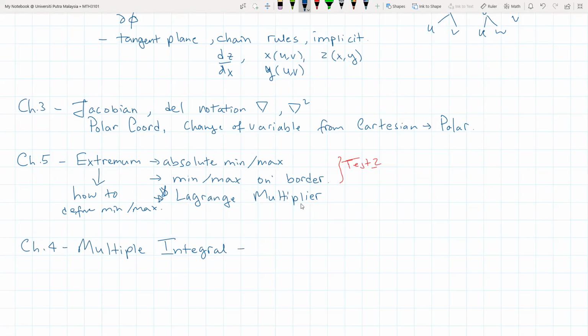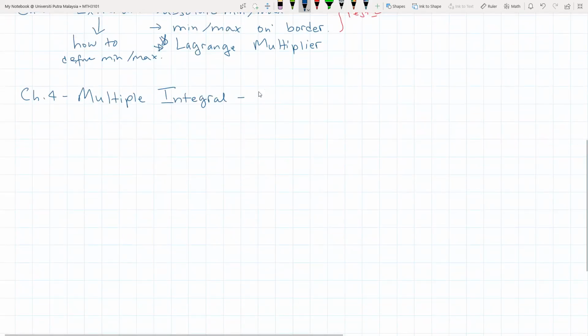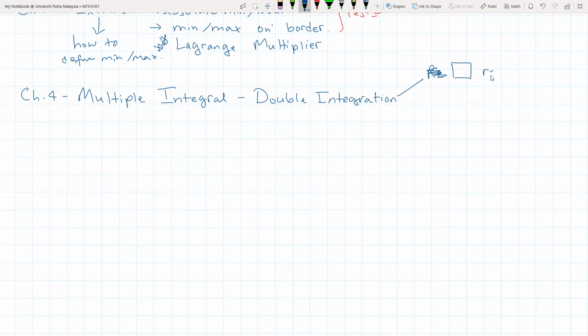The first thing that we talk about is the double integration. So you have one under a rectangular region, and number two, you also have a general region.